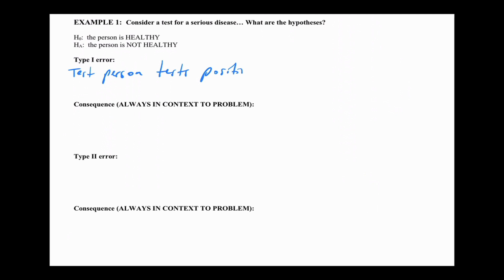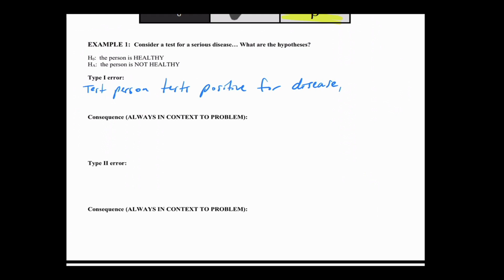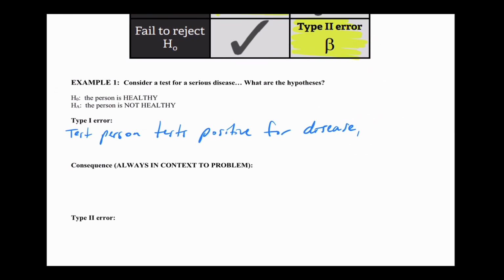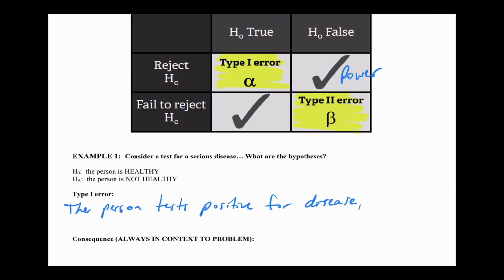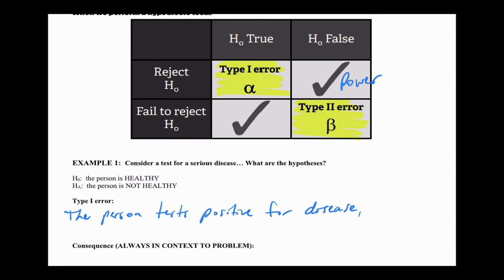Tests positive for disease. The person tests positive for the disease. What does the null being true look like?